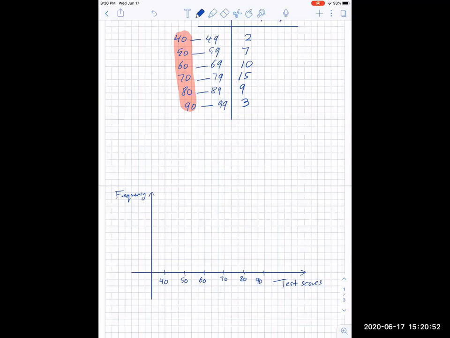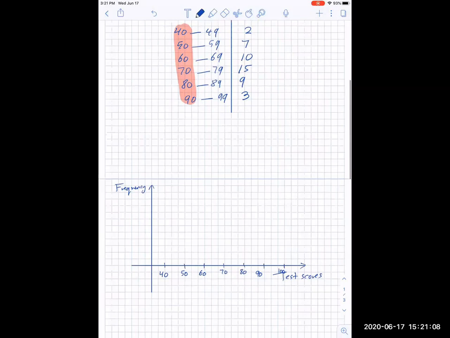And after the 90, if I keep this pattern, the next mark on the x-axis should be what after the 90? 100. So these are my lower limits. Those numbers will go on the horizontal axis, the x-axis, the test scores.